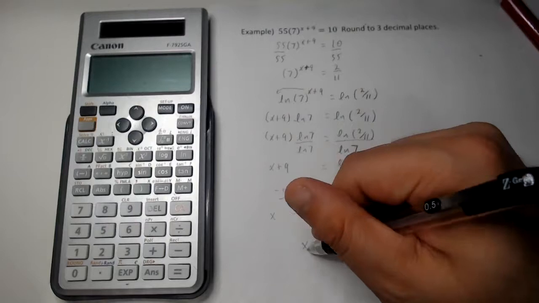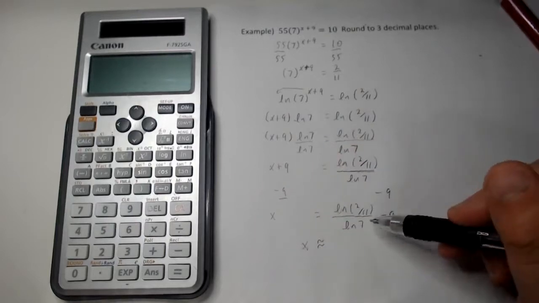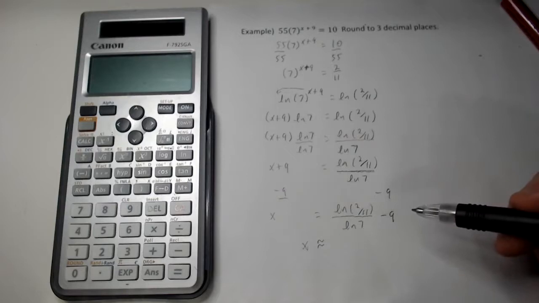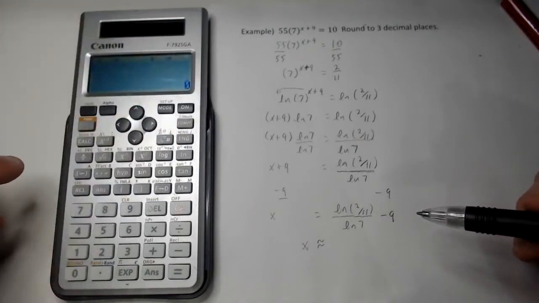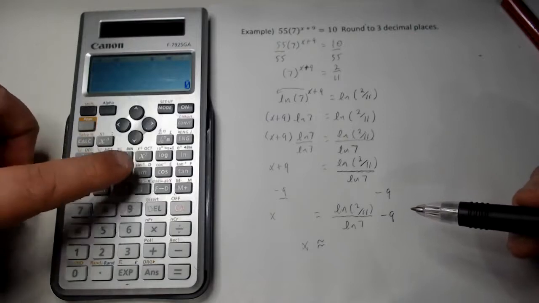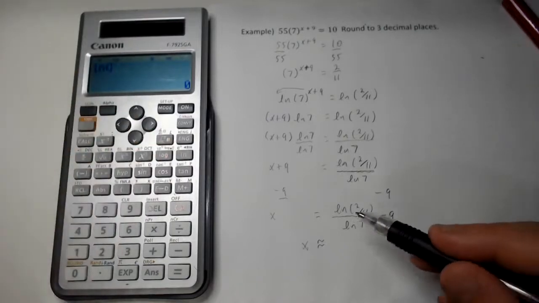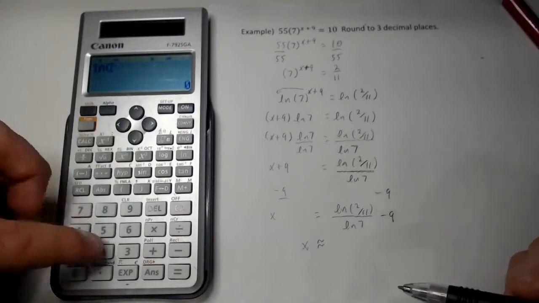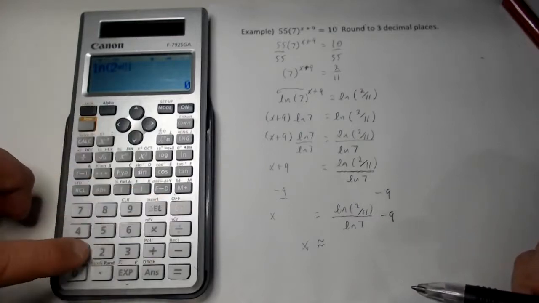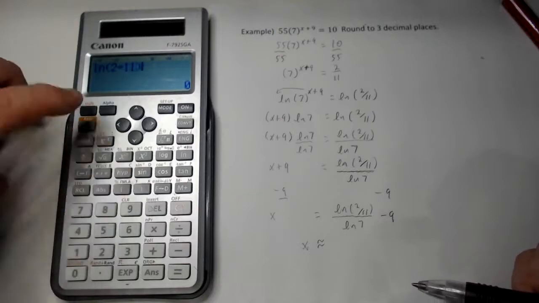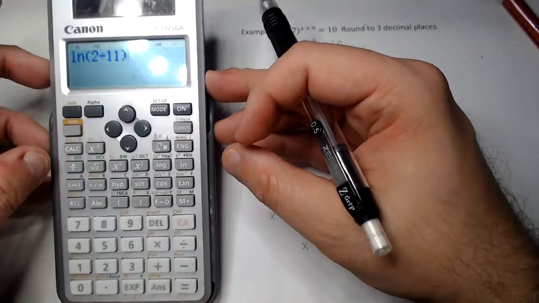So x is approximately, I'll do this, then I'll divide by this, and then I will subtract 9. So, natural log of 2/11. So I'll just do 2 divided by 11. Okay, and that's division.